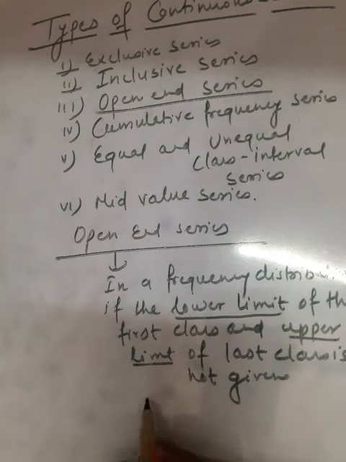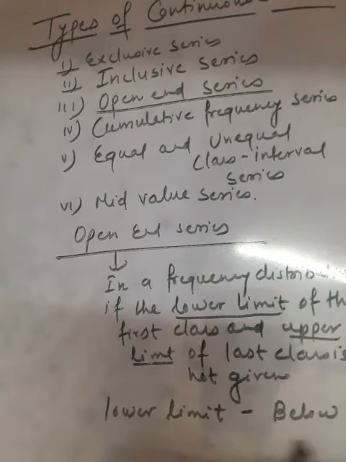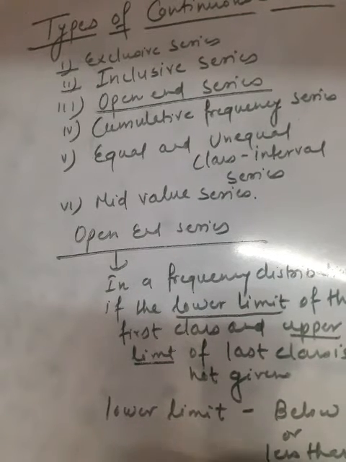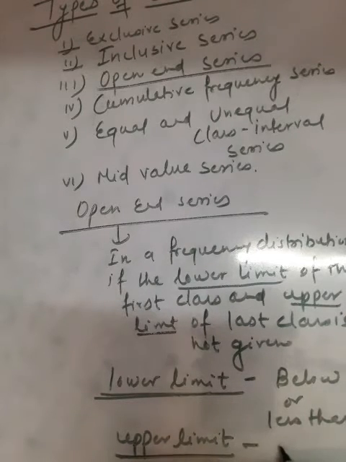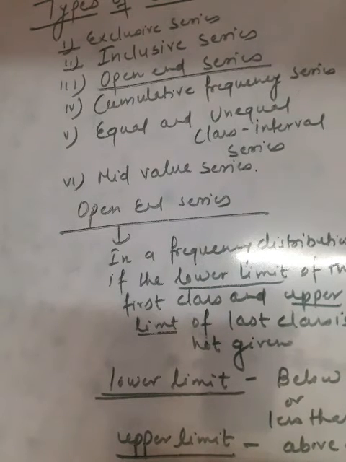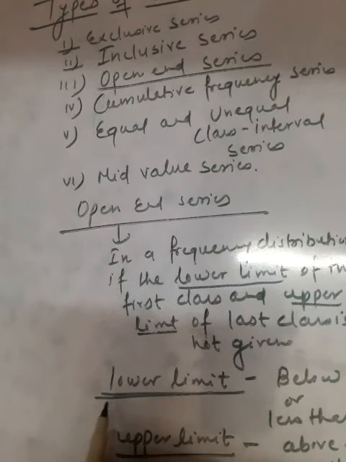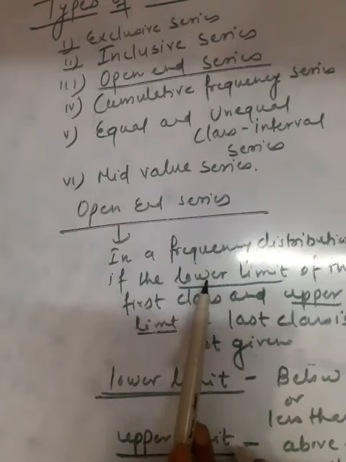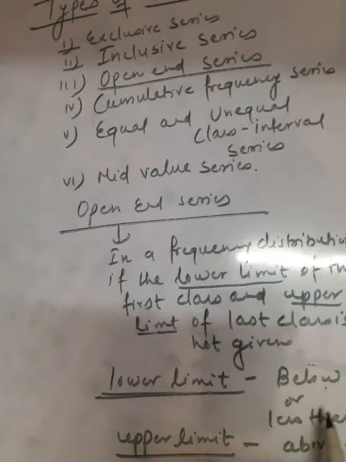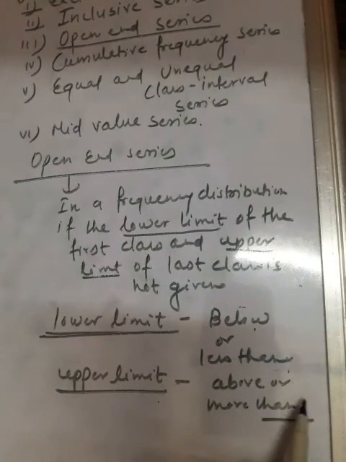In this series, in place of the lower limit, words like below or less than are given, and in place of the upper limit, above or more than is given. Again, I repeat: in a frequency distribution, if the lower limit of the first class and the upper limit of the last class are not given, then below or less than is given in place of the lower limit, and above or more than in place of the upper limit.